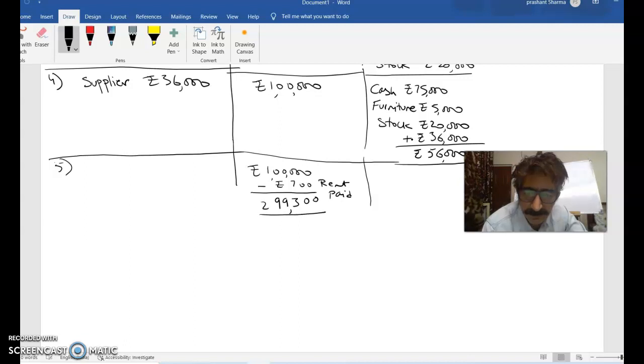This is the remaining capital, and because we have paid rent in the form of cash, from cash of 75,000 I'll deduct 700. Rent paid. 74,300 remains in the cash box. Remaining things remain as they were.